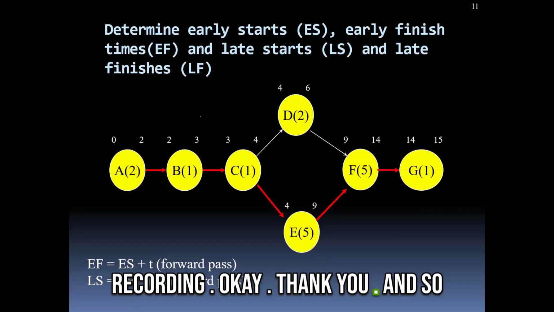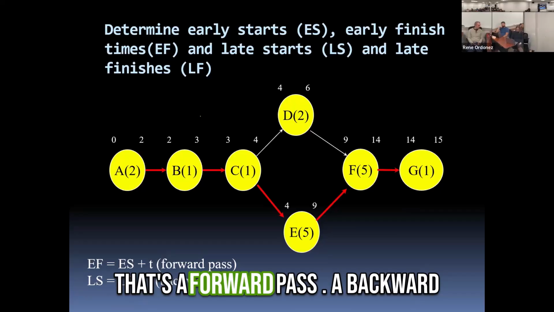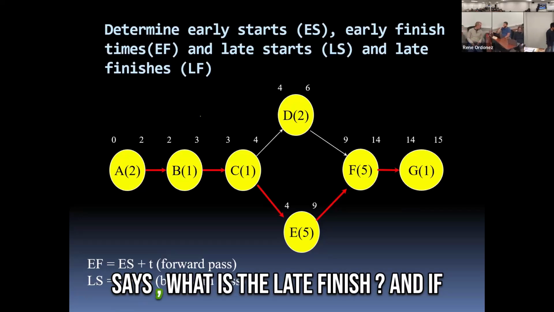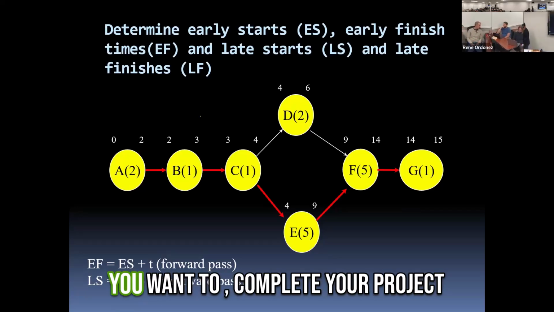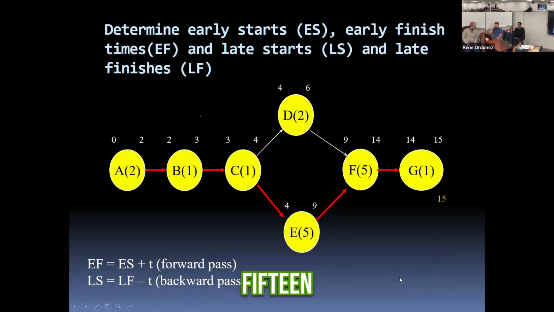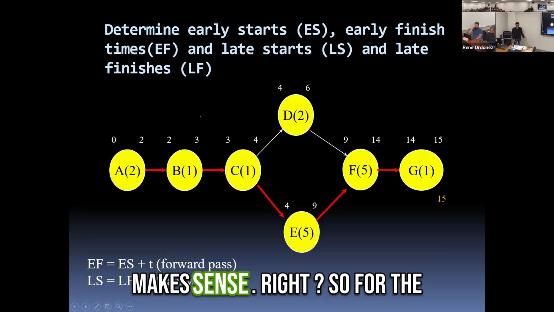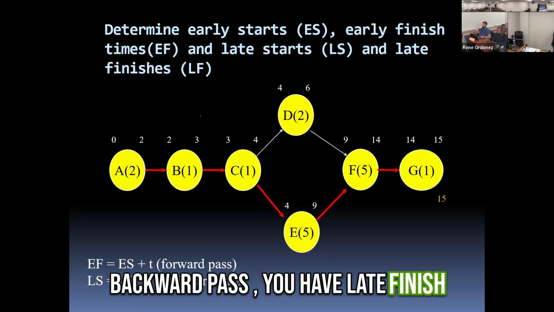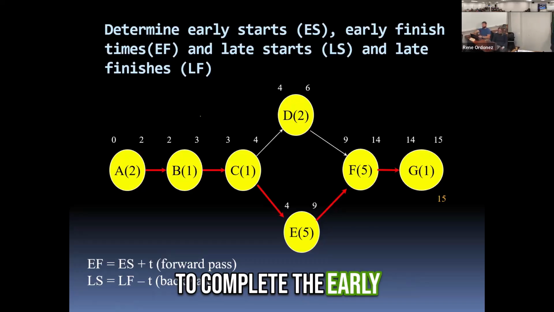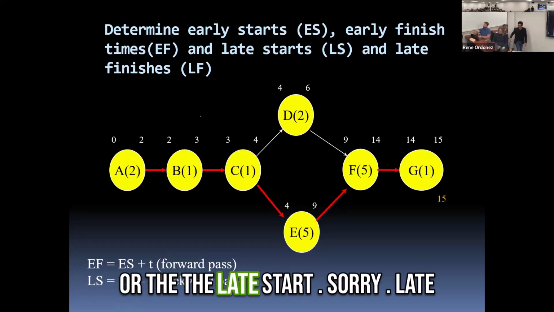Okay, thank you. So that's the forward pass. The backward pass asks, what is the late finish? If you want to complete your project on time, your early finish must be 15. Makes sense, right? So for the backward pass, you take the late finish minus the time to complete to get the late start.